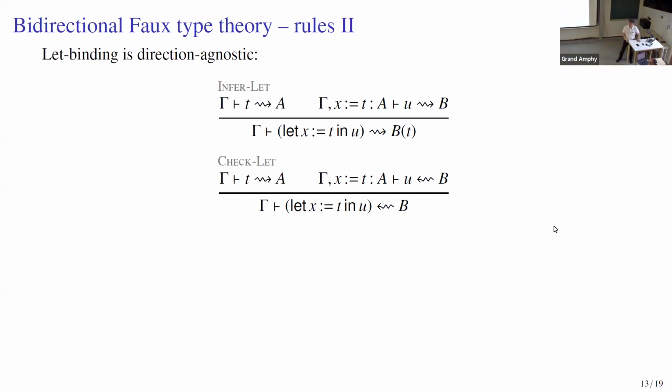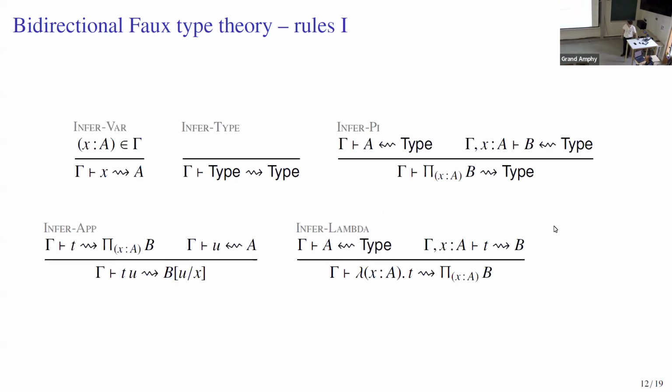Yes. So there could also be a check rule for lambda, where if I didn't tell you the type of A here, if it just said lambda x.t, then, imagine a lambda without this A. Now it's not inferring anymore. You can't tell what's going on.